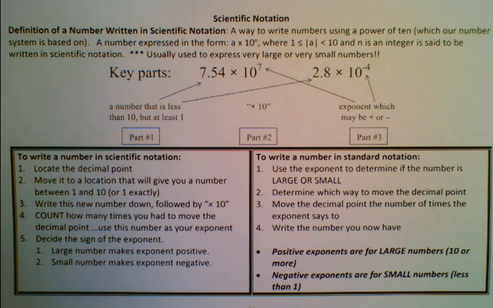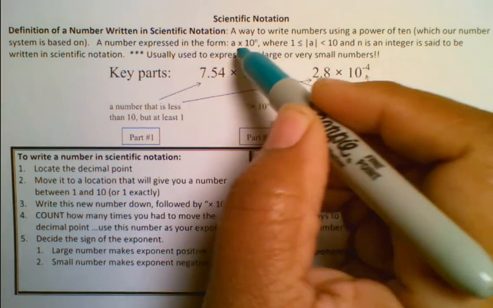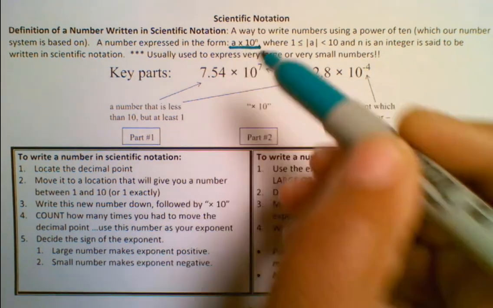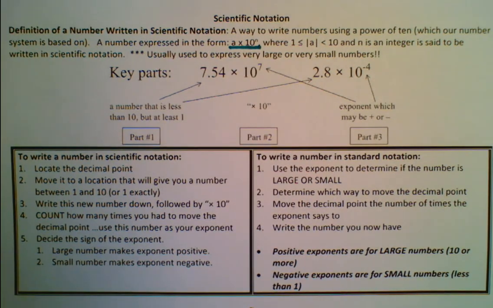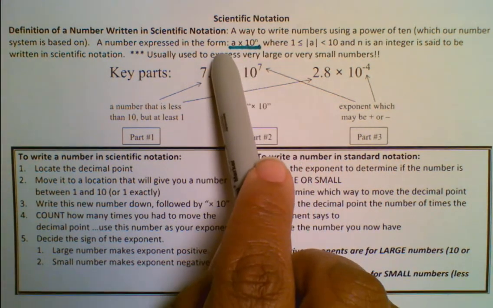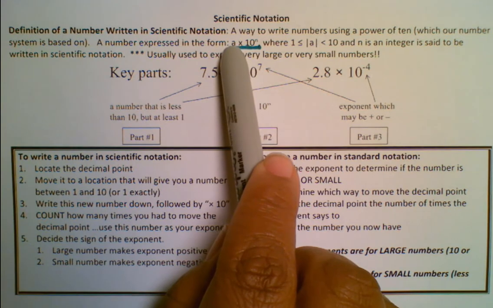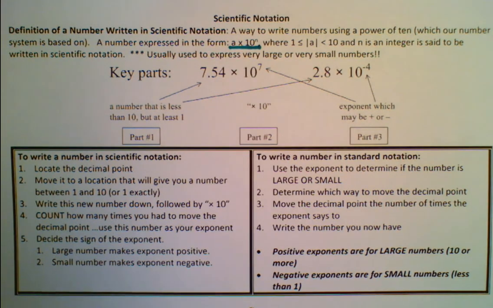A number expressed in the form a times 10 to the n power, where a must be between 1 and 10, and n is an integer, meaning the integer can be positive, negative, or zero, is said to be written in scientific notation.